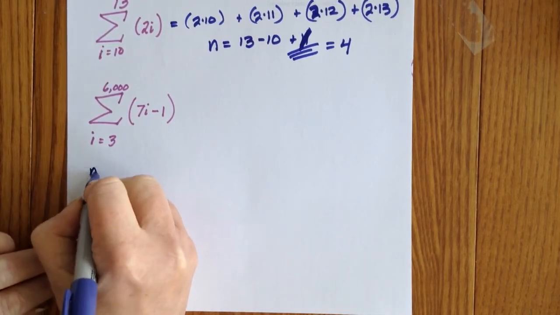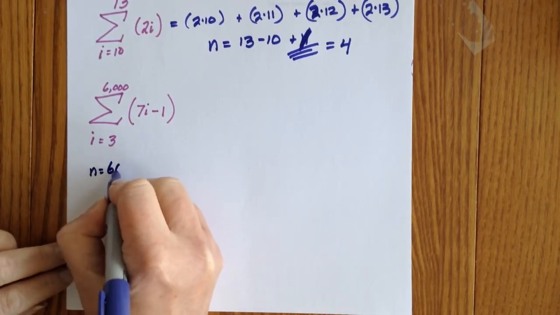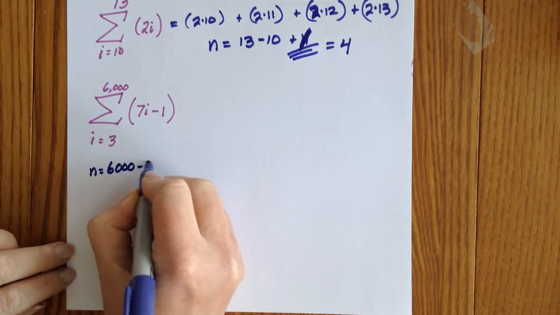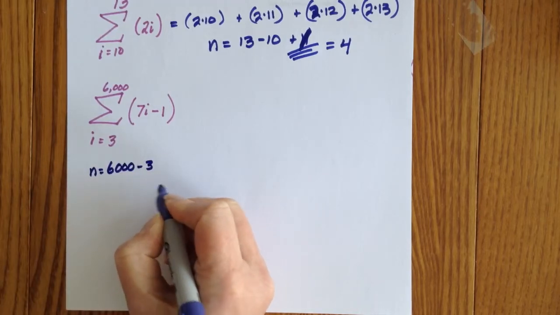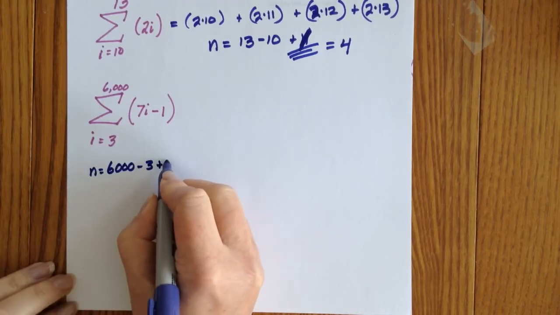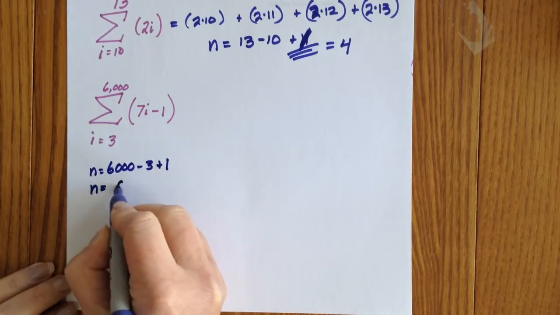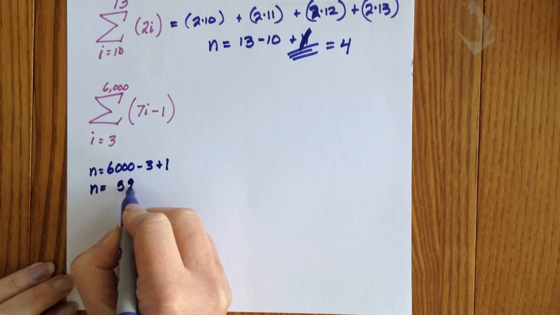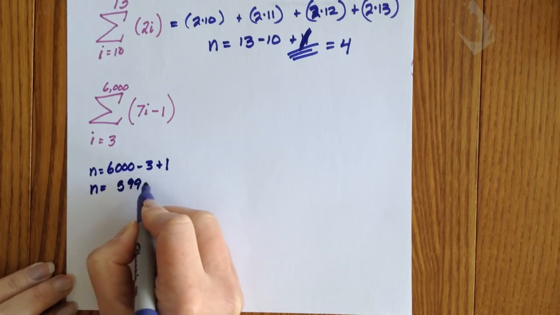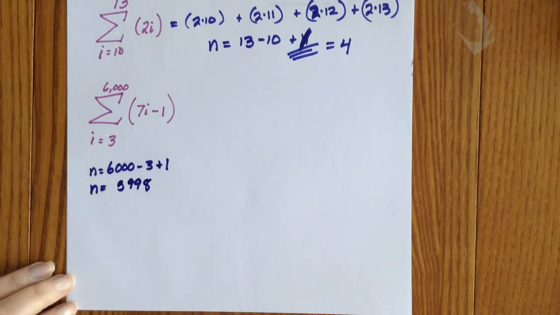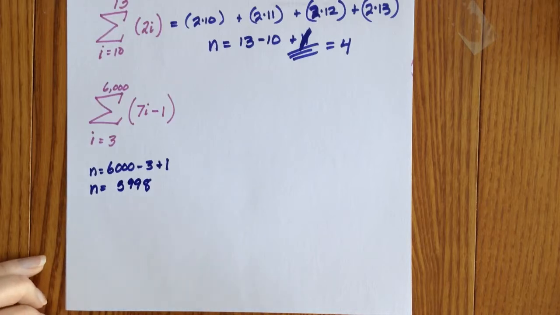The number of terms would be 6,000 minus 3, and then add 1. So our number of terms is 5,998.